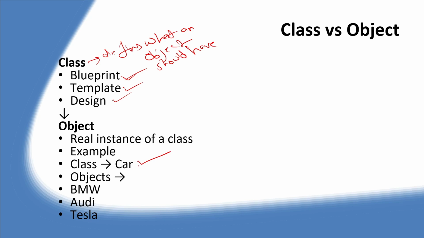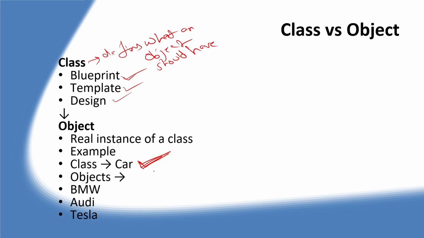Think naturally. In order to create an object, we should have some blueprint, some design, some template, right? Those blueprint, template, design, we call it class. So class will define how this object will be created, what properties, what behaviors the object will have. Those things will be residing inside the class. So in this example, car is a class.